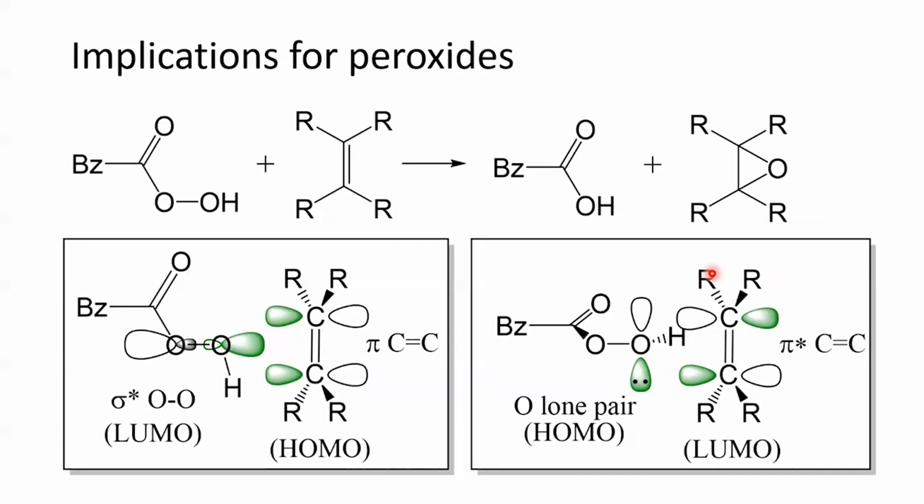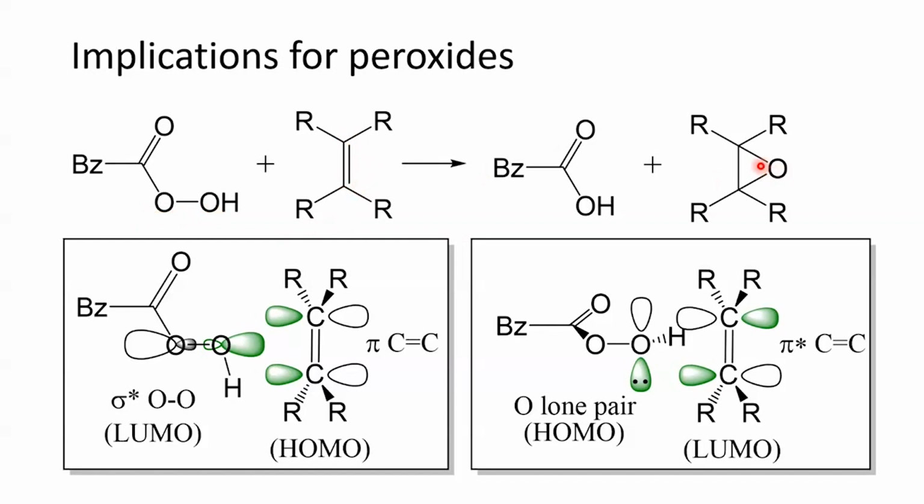Now if we expand the ester to think about peroxides. Here we have a reaction, the peroxide group is here, it's reacting with an alkene, and we're forming an epoxide group over here. If we consider what bonds are going to break in this reaction, it's this oxygen to oxygen bond that's potentially going to break, as well as this carbon-carbon double bond.